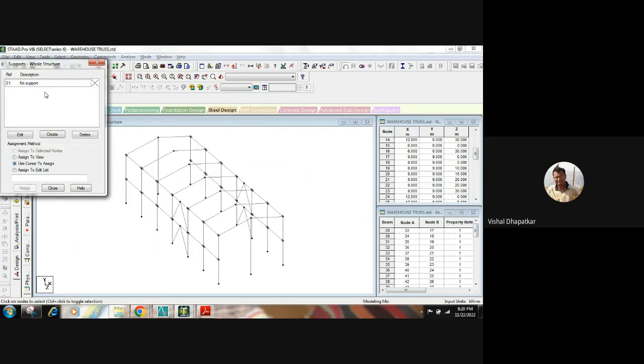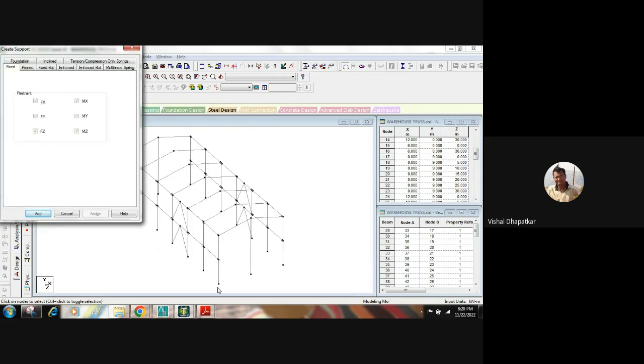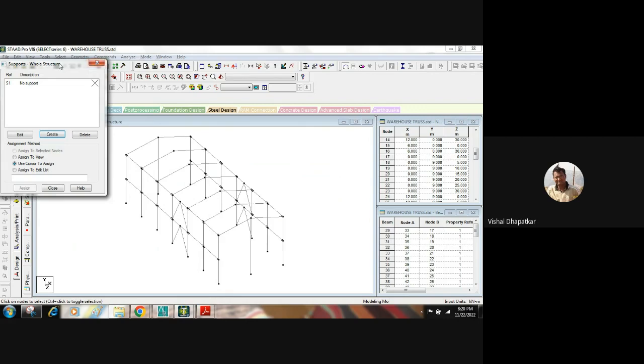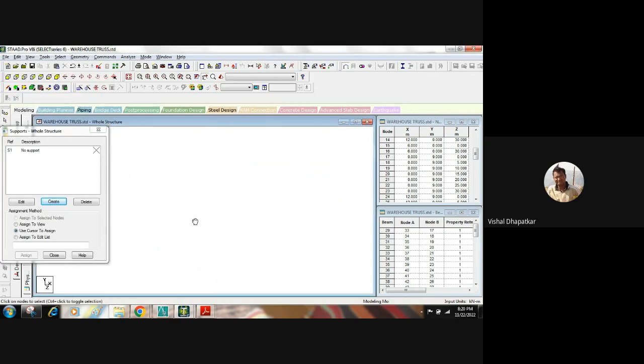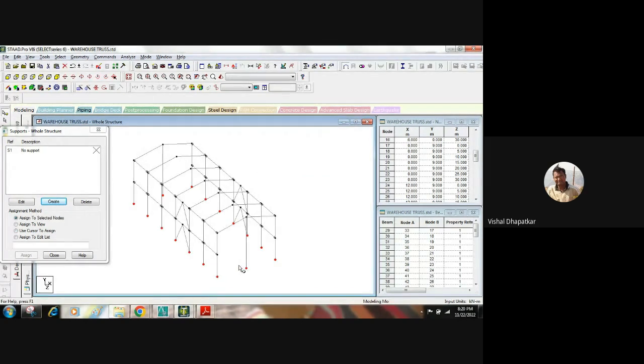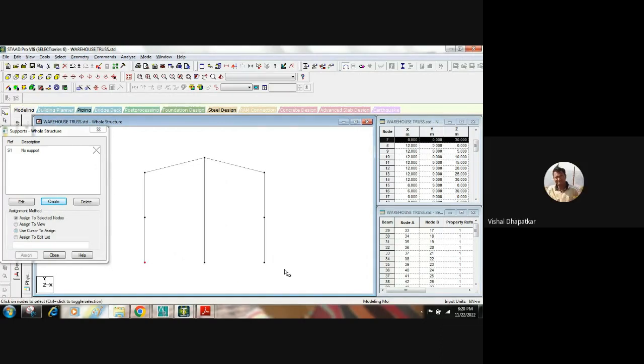Let's find the support condition. So now we have added bracing on either side and moment frame on either side. So what will be the connection for the base? Will it be a pin connection, fixed connection, or fixed butt connection? What should be the support type here? Pin connection. Okay, pin connection for these members.